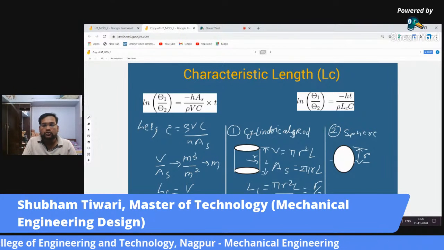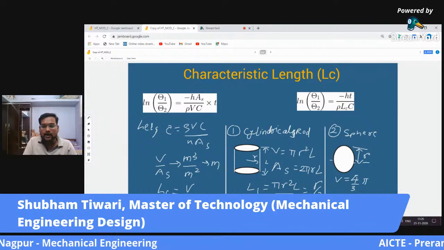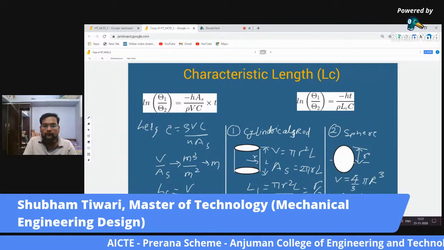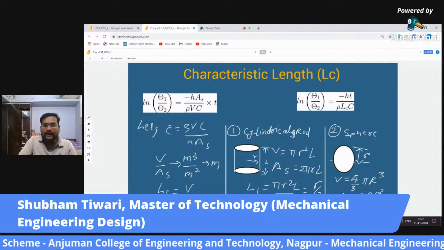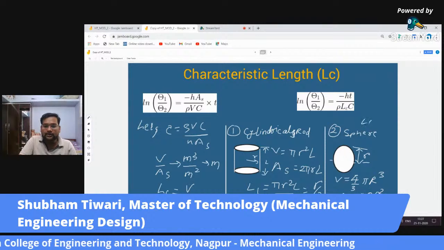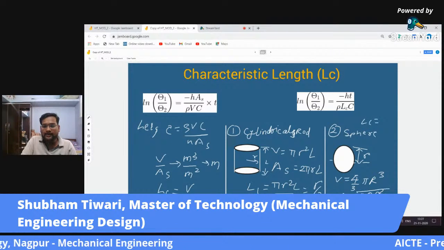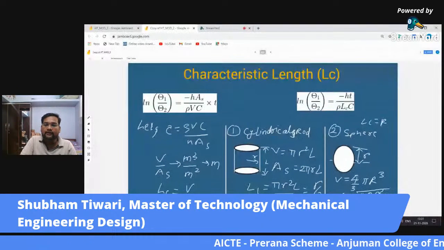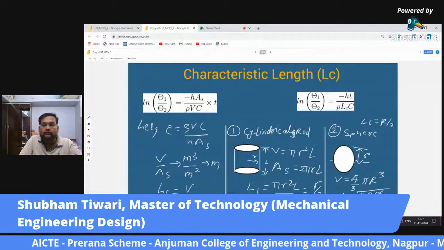Its volume, we know, is 4 by 3 pi r cube, and its surface area is 4 pi r square. So the characteristic length LC comes out to be, when we divide these terms, 4 pi and r square get cancelled. The LC for the sphere remains r by 3.